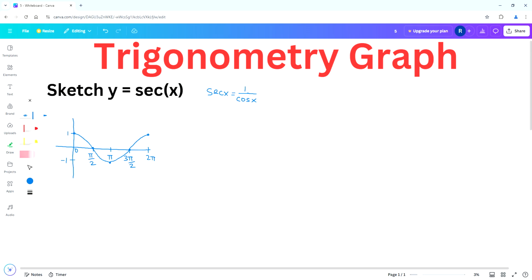The graph of secant x has vertical asymptotes. These vertical asymptotes are at x values where there are x-intercepts in cos x graph. In this full cycle that we sketched, the cos x function has x-intercepts at pi over 2 and 3 pi over 2. So we can draw the vertical asymptotes for secant x at pi over 2 and 3 pi over 2.